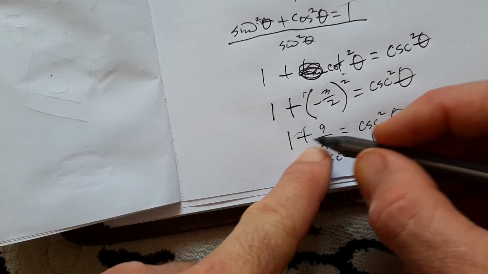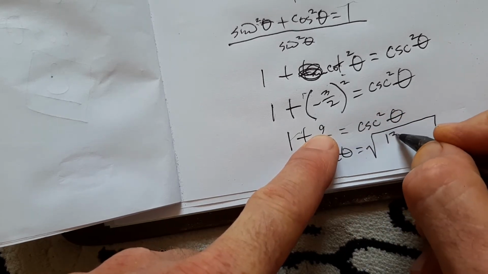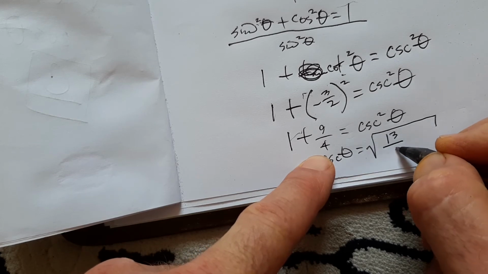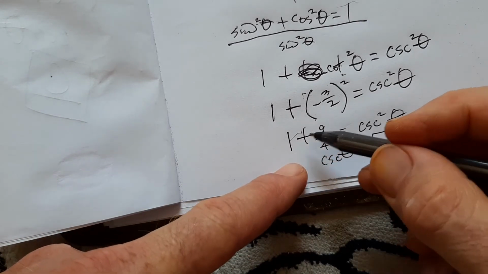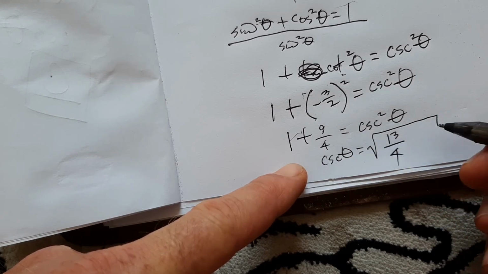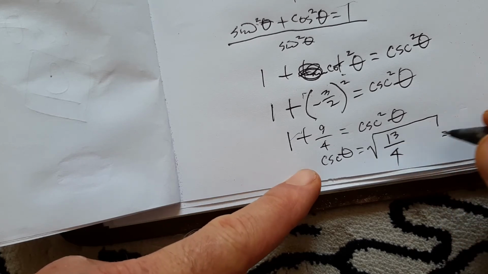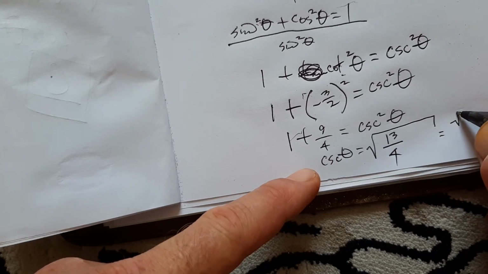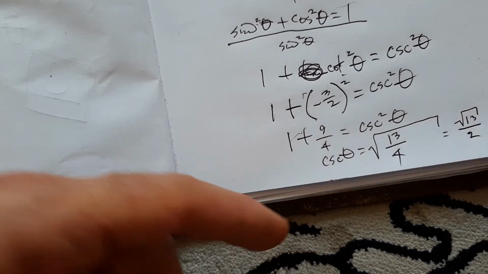This would be 4/4. 4 plus 9 would be 13 over 4. Right? 9/4 plus 4/4, and I'm taking the square root of it. So I'm going to have cosecant of theta equals the square root of 13 over 2.